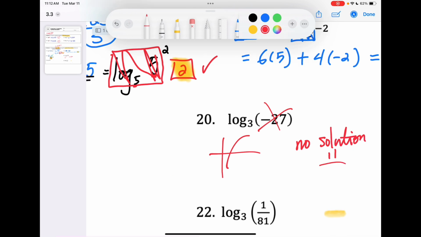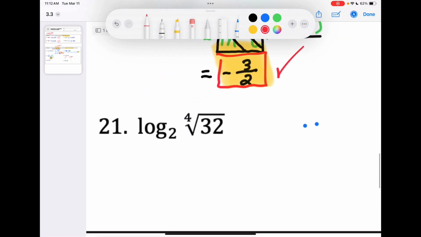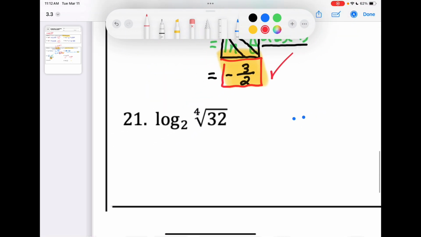Okay, that's correct. All right, then how about 21? No calculator, all about the base. Remember what we talked about. If you get used to the fourth root rule, this will be the trouble. I don't want to see this ugly radical.